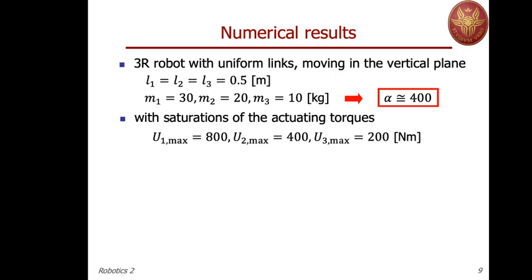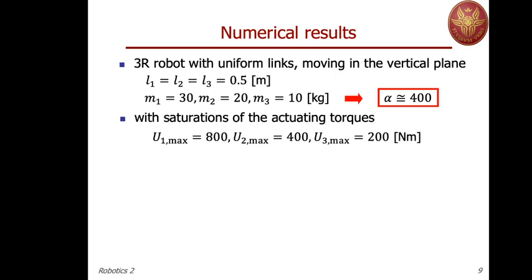Suppose that we have a 3R robot with equal link length, 0.5 meters, uniformly distributed mass, so the center of mass is at the half point of these links, moving in a vertical plane, so fully subject to gravity, and that the masses of the 3 links are decreasing, 30 kilograms for the first one, 20 for the second, and 10 kilograms for the last one.